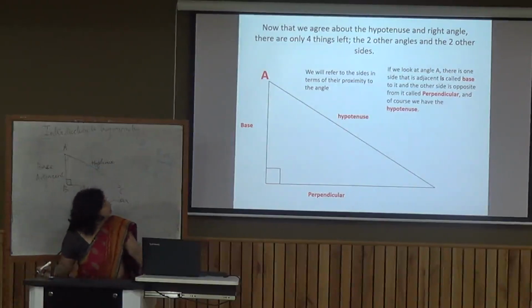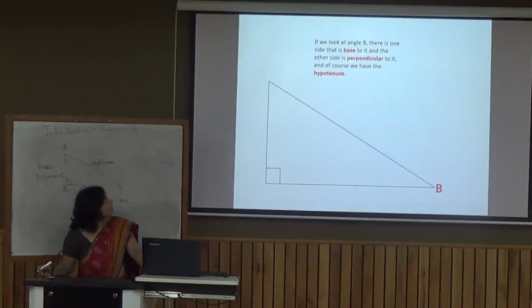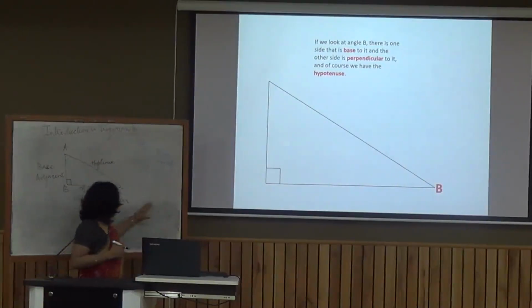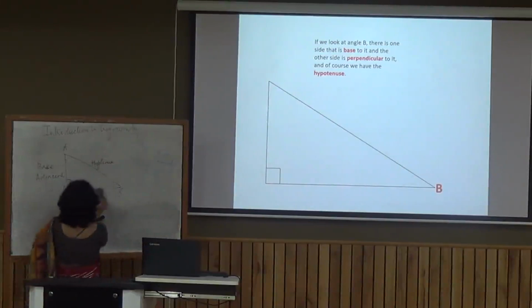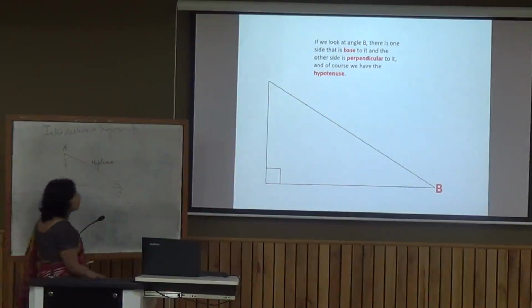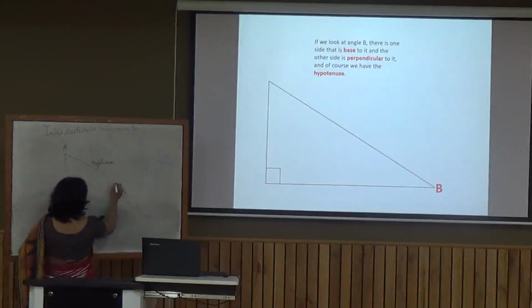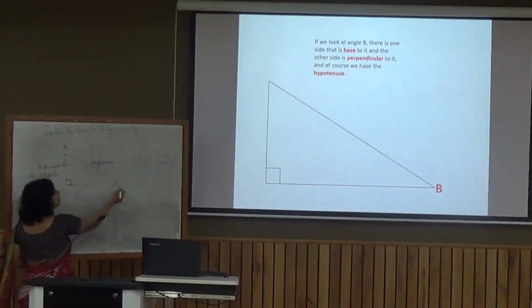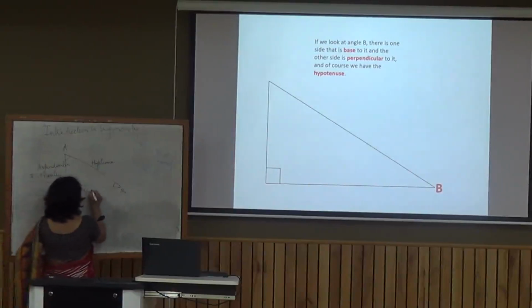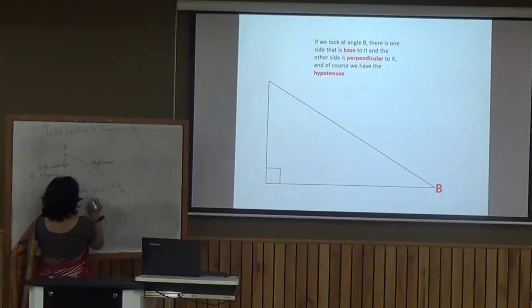Now, if we consider this angle B, then again the side opposite to angle B is either perpendicular or opposite, and the side adjacent is called adjacent or base.